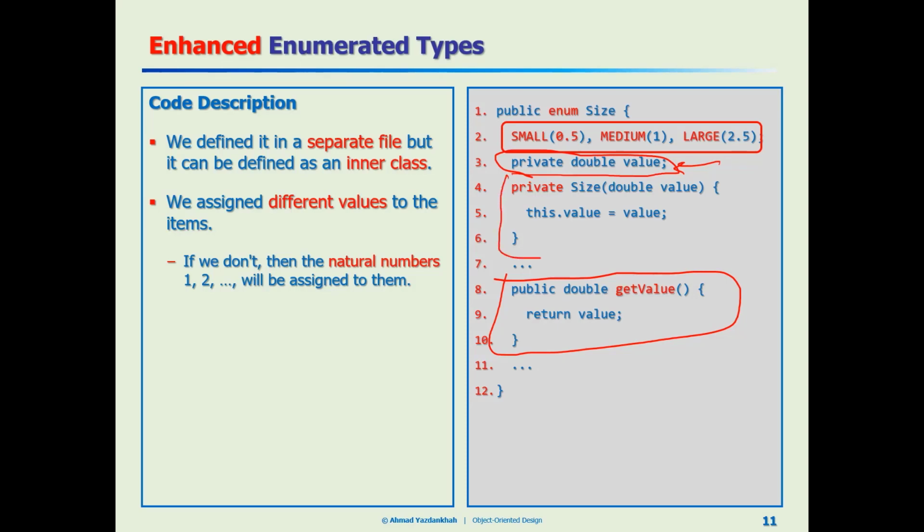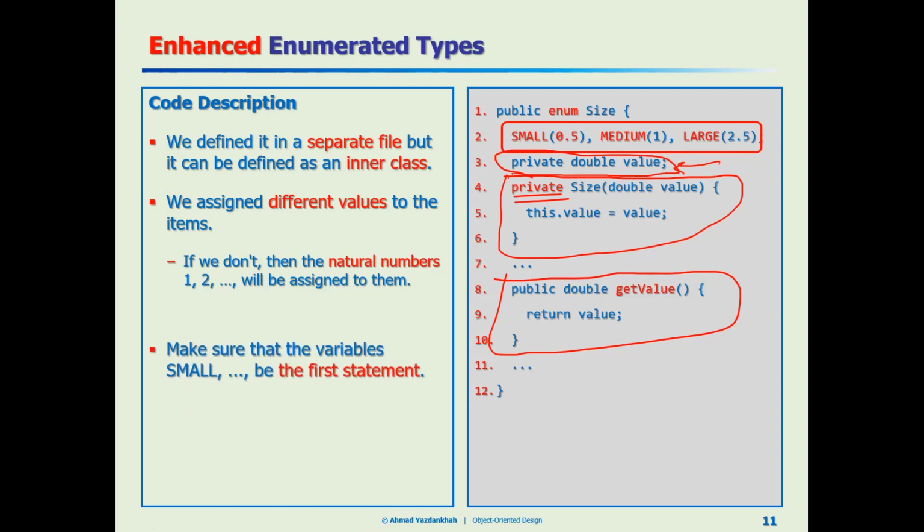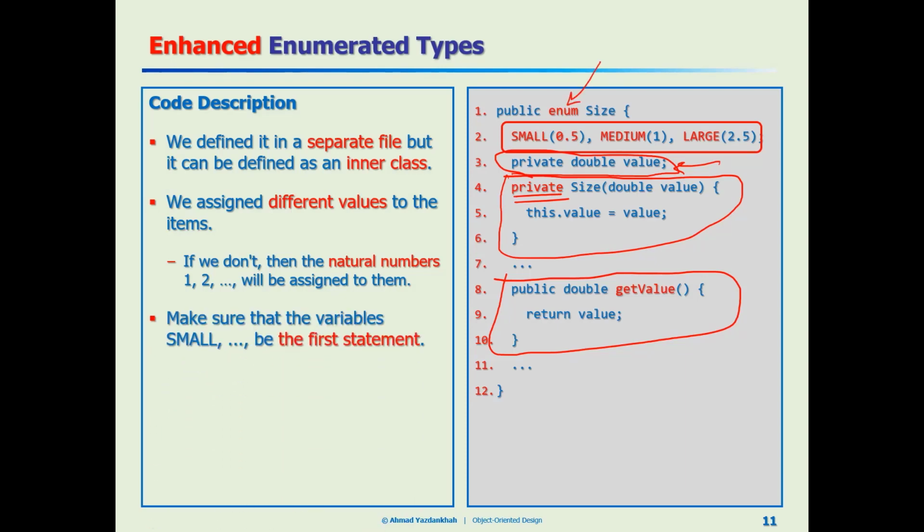But note that the constructor is still private. It cannot be instantiated outside, right? As long as it is enum, this is the limitation and difference between a regular class and enum.